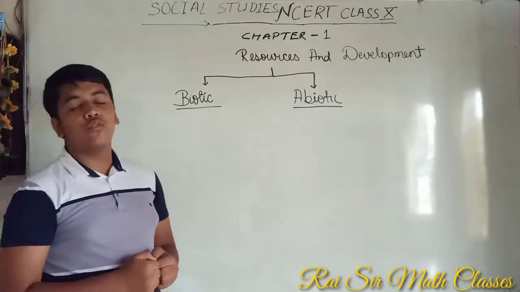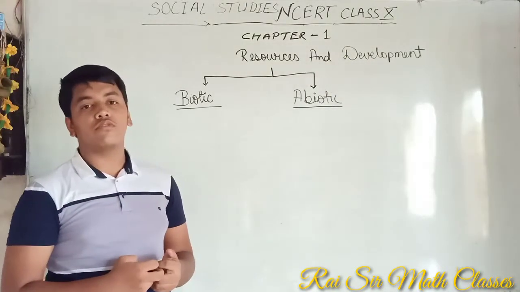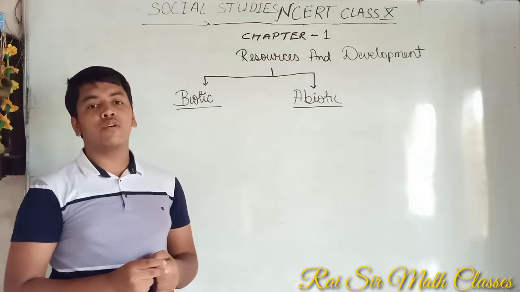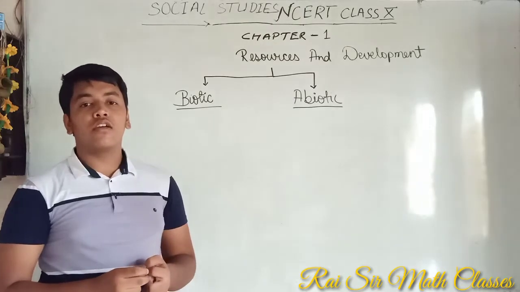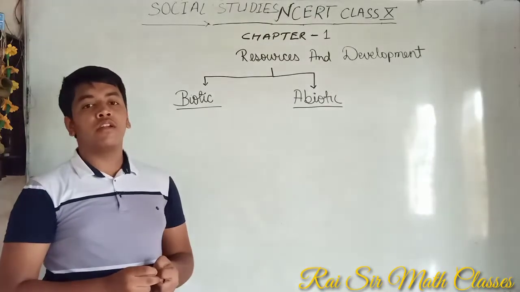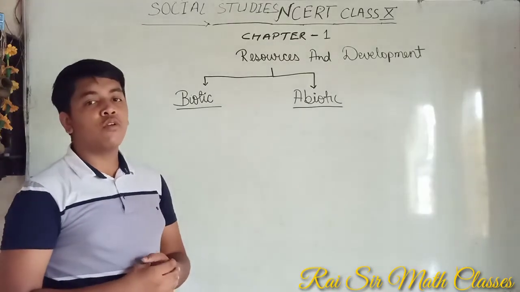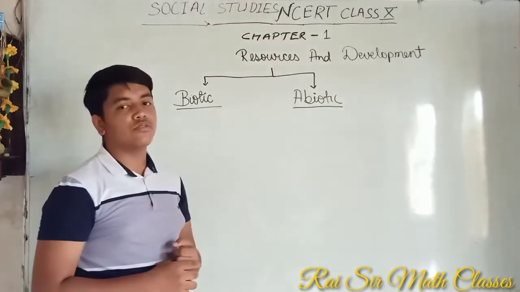Now we are going to know about the second type of resources, on the basis of origin. In today's world, human beings take work from nature by making it a resource. On the basis of origin, we have two types, biotic and abiotic resources.